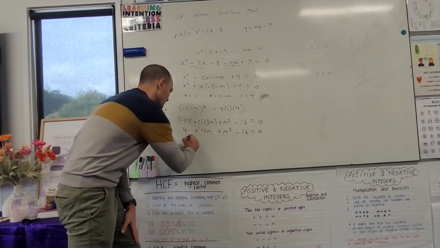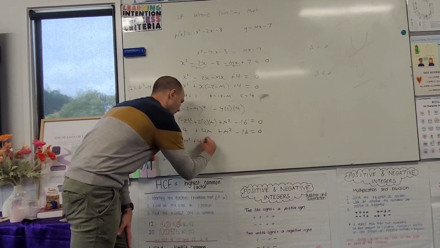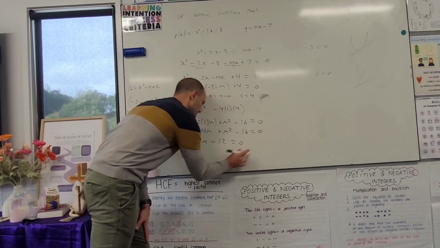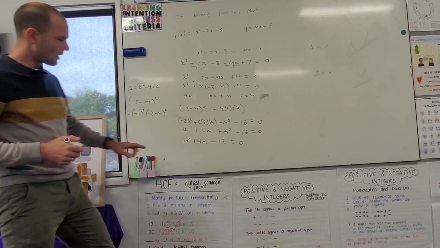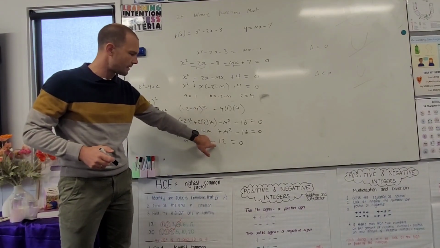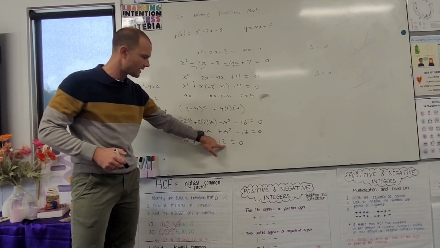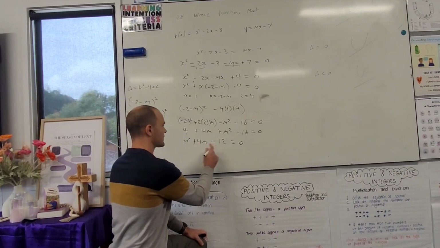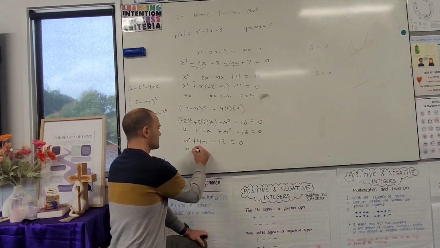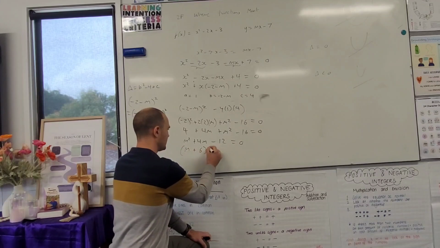We're going to have m squared plus 4m take 12. And so then we're going to factorize this quadratic, 2 numbers that multiply together to give us minus 12, and when we add them together, we get positive 4. So that's going to be positive 6 and negative 2.